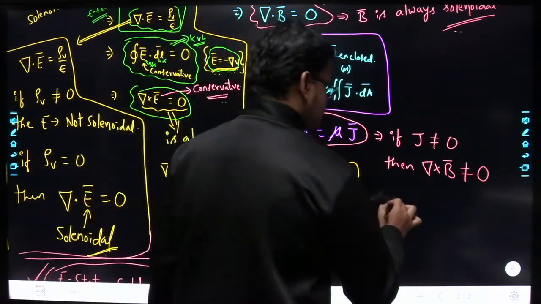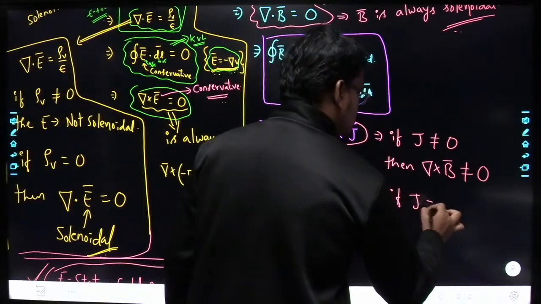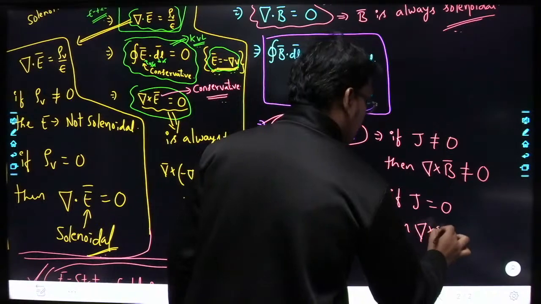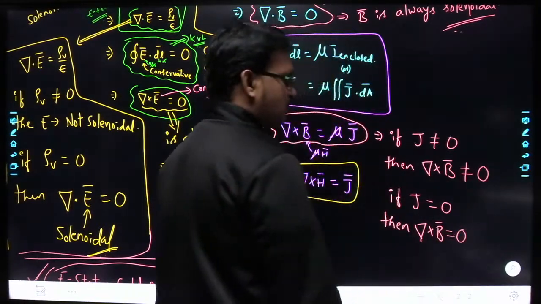Next, if J is equal to 0, then curl of B bar will be equal to 0.